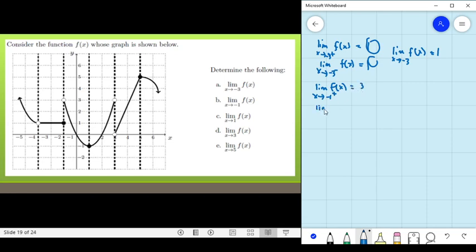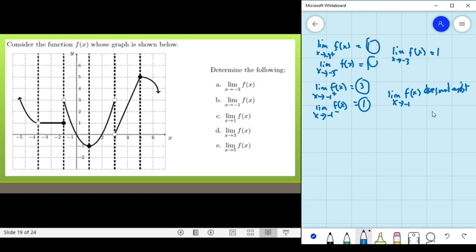And then the limit of f of x as x approaches negative 1 from the left is 1. So, since they are not equal, we can say that the limit of f of x as x approaches negative 1 does not exist.